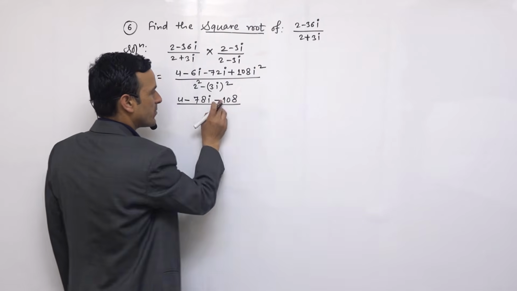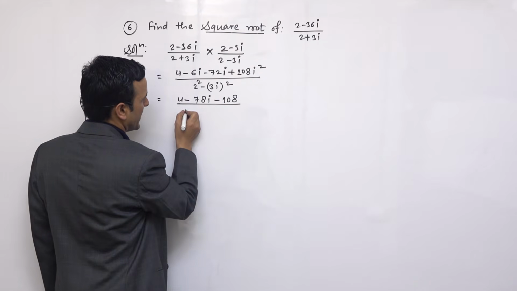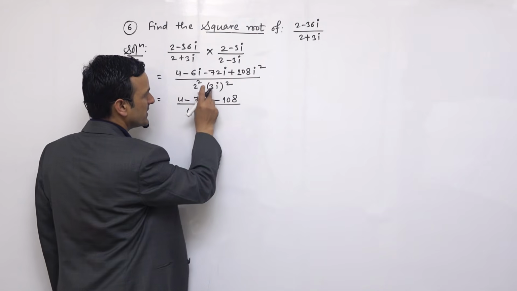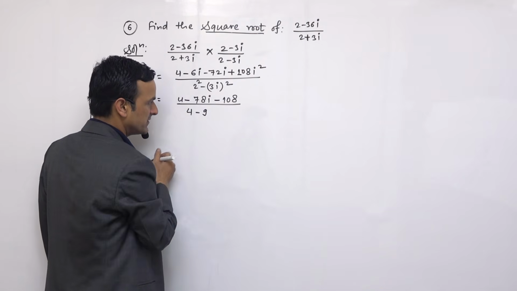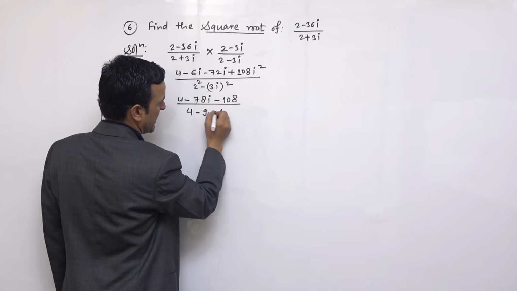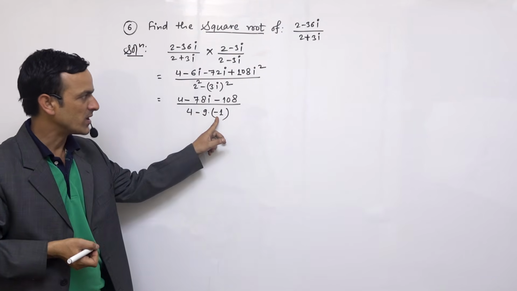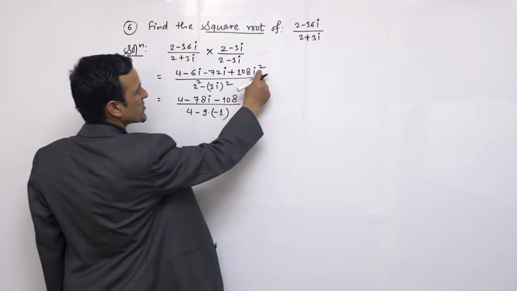I square भनेको minus 1 property लगाएको यसमा, property use गरेको. And 2 square means 4. 3 square means 9. I square means it is minus 1. So write down minus 1. Here is also I square. So write down minus 1. Here is also I square minus 1.